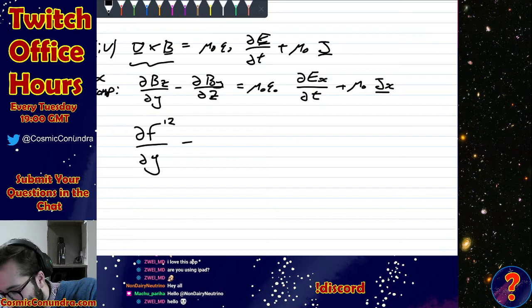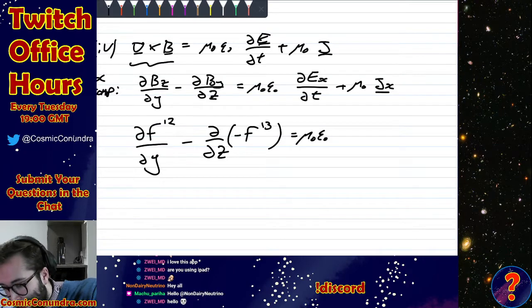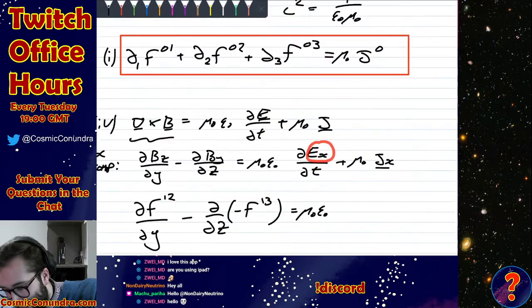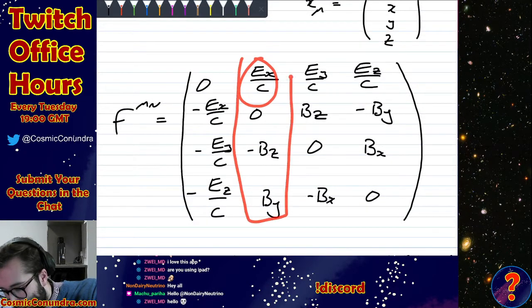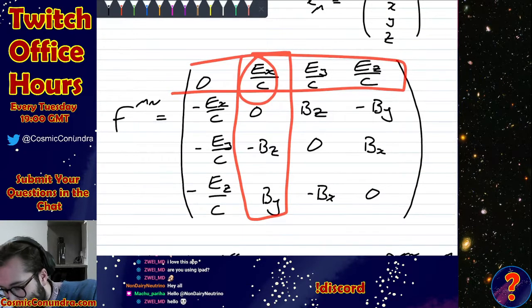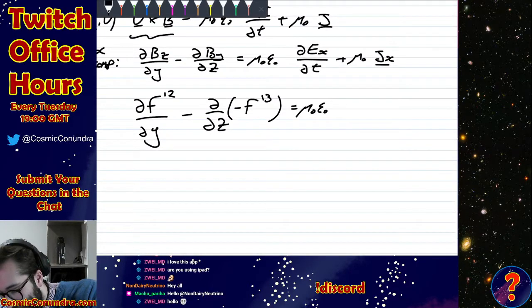So this is minus derivative with respect to z of minus F13. And then the right-hand side, we've got the mu naught epsilon naught. Now we need to go and extract Ex from the tensor. Ex, this is now the first column, 0th row, so that is c times F01. D by dt of c times F01.